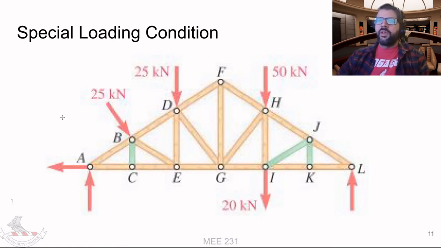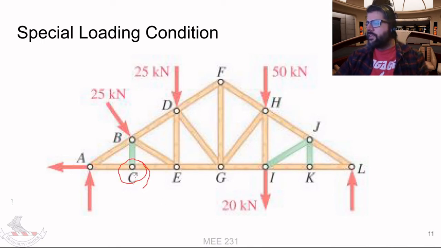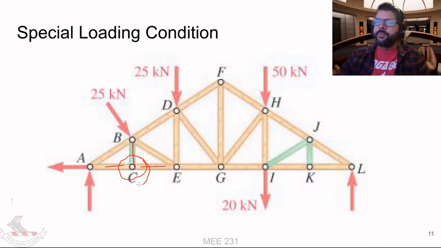So, for example, if we have a loading situation like this, we can identify the 0 force members and then omit them from our analysis. If we look at this joint C here, we see that we've got the 2 parallel members AC and CE, and then we've got this other one here.